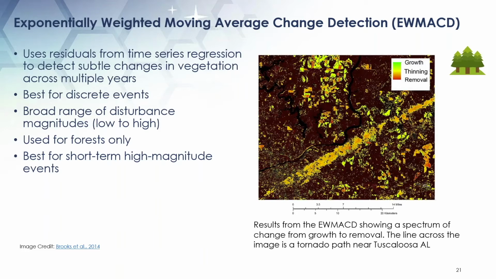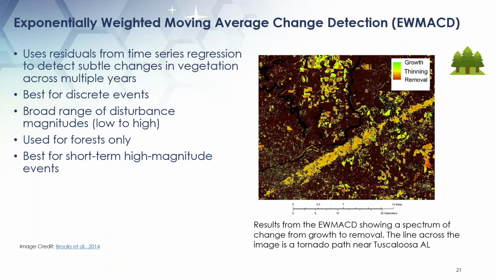The exponentially weighted moving average change detection algorithm was really developed to address issues of data gaps. So again, if you're in a region that has a lot of cloud cover or data quality issues, this may be useful. This also uses a time series approach, and it focuses on the residuals, which is a form of decomposition that we discussed earlier.